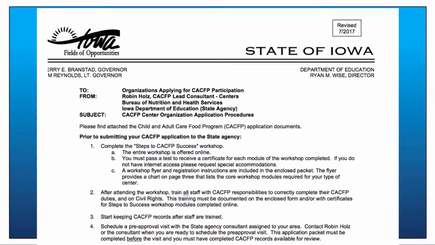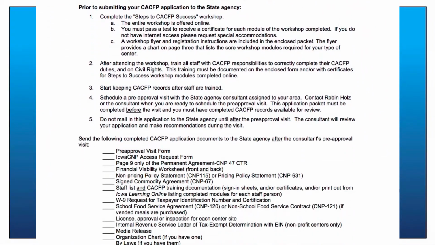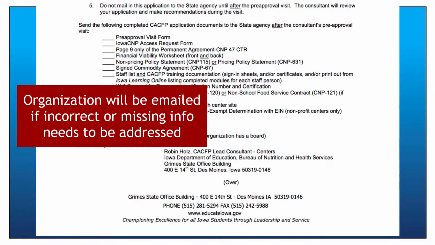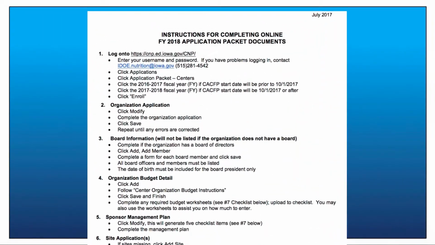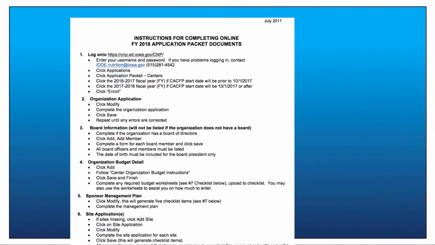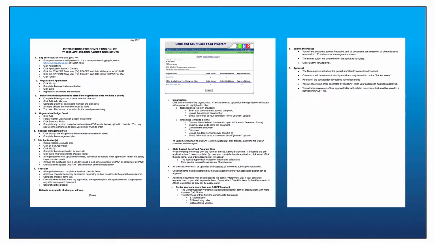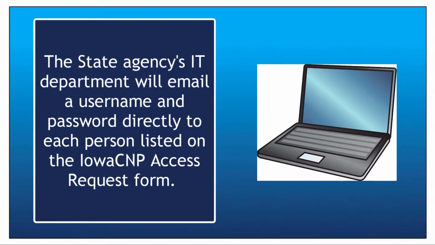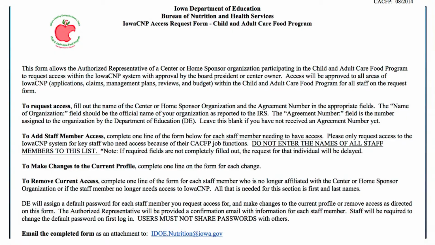After submission, the application packet will be reviewed and the organization will be emailed by the state agency if any incorrect or missing information needs to be addressed. This email will also include instructions for completing the online phase of the application. The state agency's Information Technology Department will email a username and password directly to each person listed on the Iowa CNP Access Request Form.